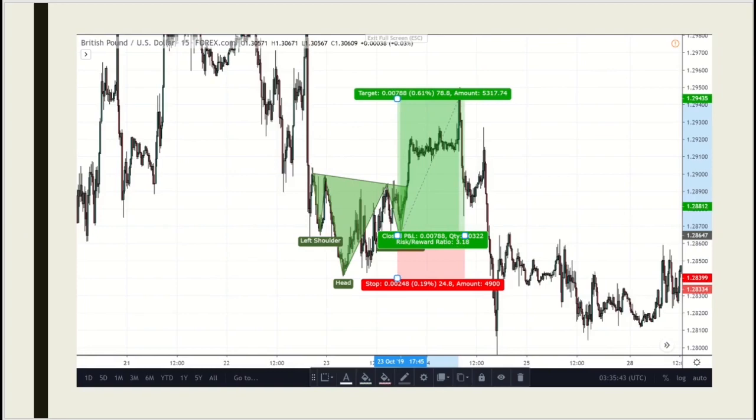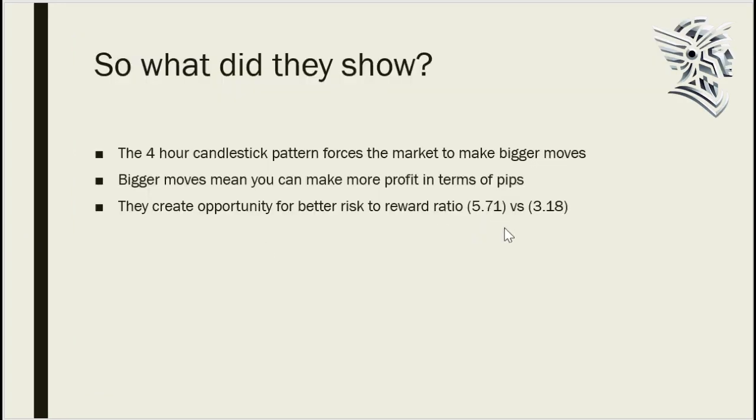So this means you'll make a lot more in a trade on 4 hours than you would trading on 15 minutes. As I state here, 5.71 to 3.18. So you can make more profit and more pips just using the bigger time frames.